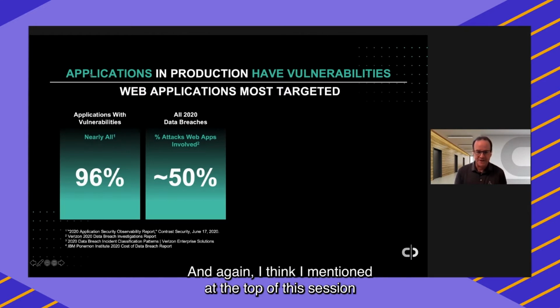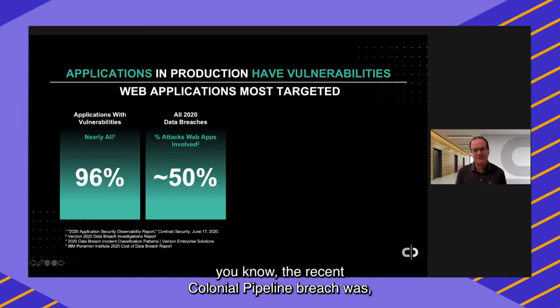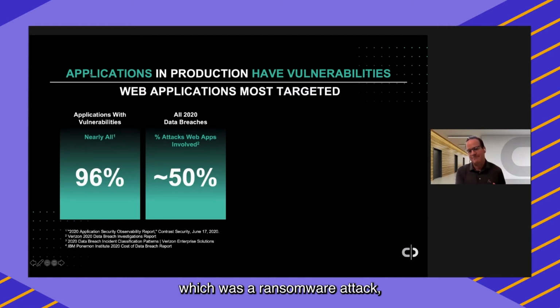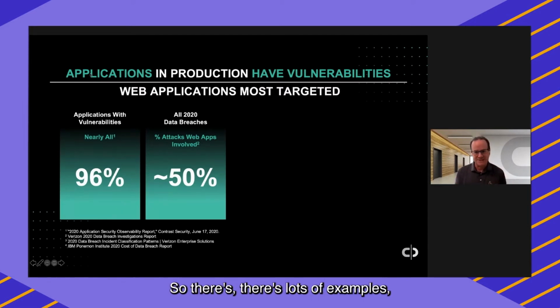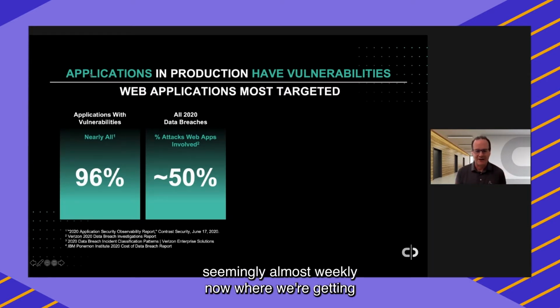I mentioned at the top of this session the recent Colonial Pipeline breach, which was a ransomware attack, but nonetheless very public. SolarWinds was before that. There are lots of examples, seemingly almost weekly now, of really major attacks where companies are paying a publicity price as well as an actual monetary price for these data breaches.